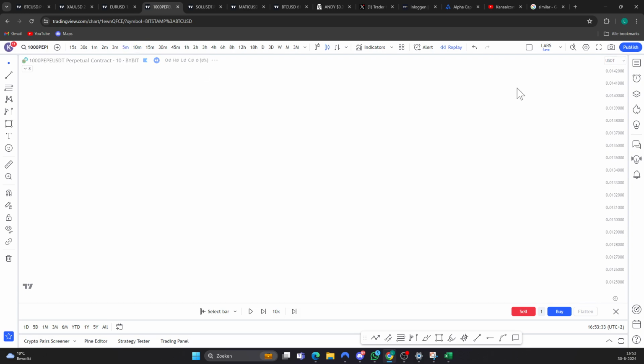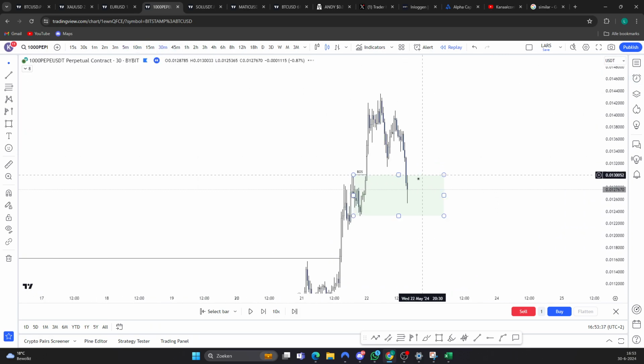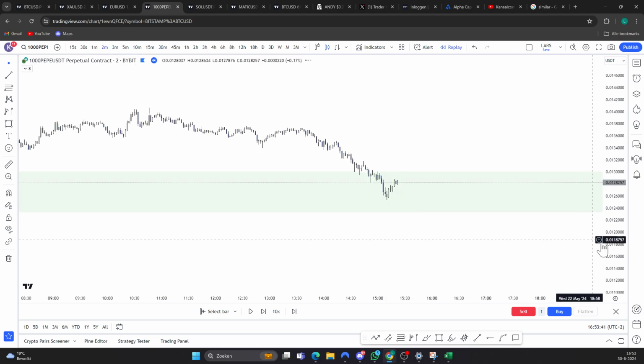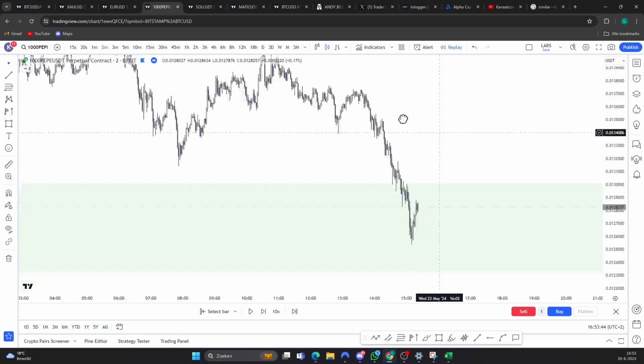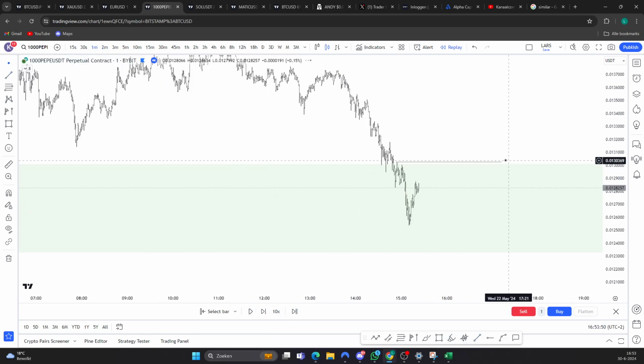No entry models here, but we're coming into a higher time frame POI. This is your 1 minute high.